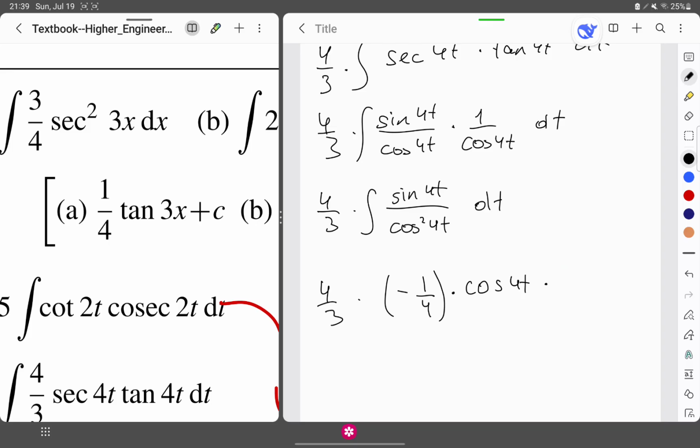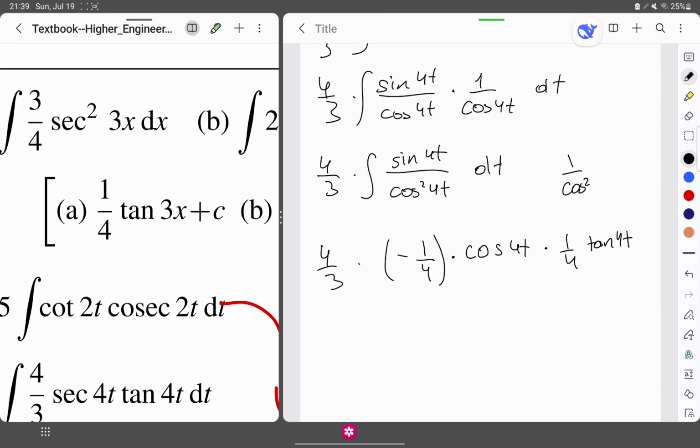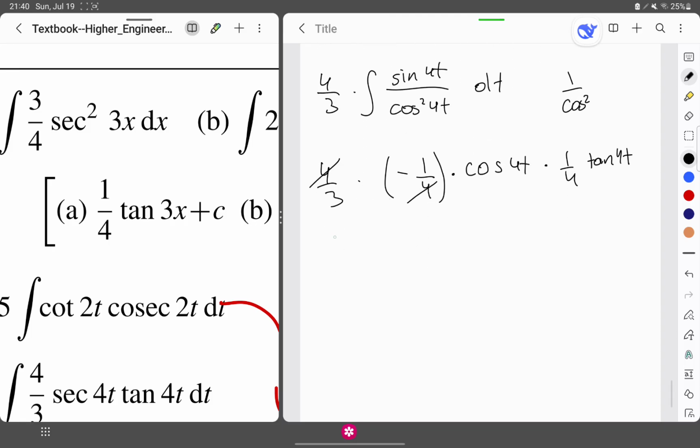Cosecant is 1 over cosecant, okay? 1 over cosecant, cosine squared. 1 over cosine is tan 4t. But 1 over 4 tan 4t. Okay, they will cancel.